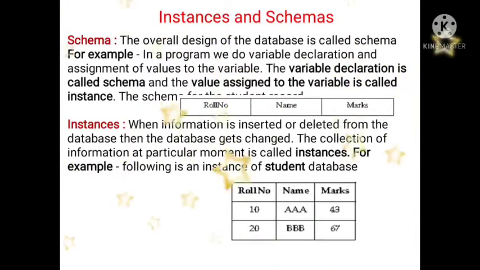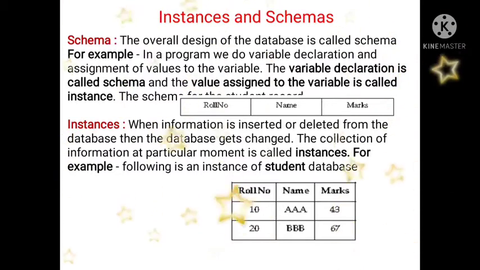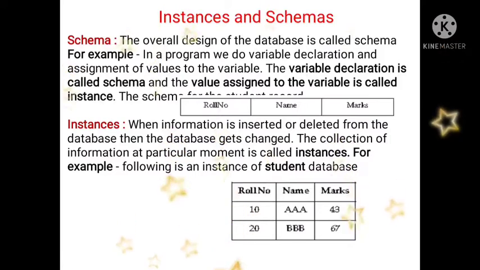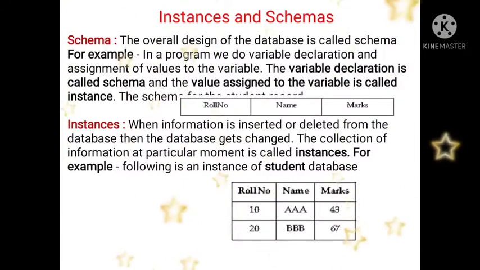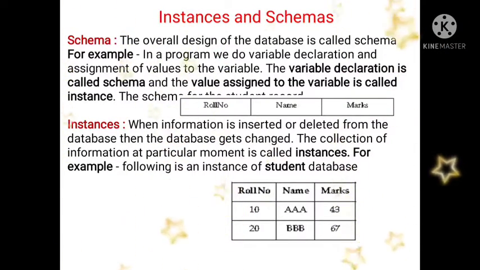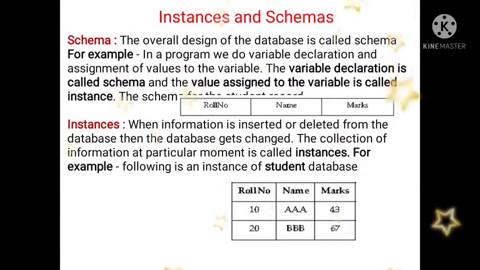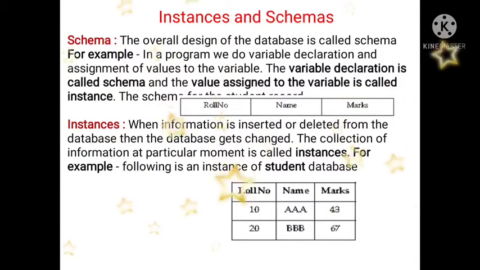Next is instance and schema. Schema is the overall design of our database. We have a set of students, and we have to maintain those students in the form of a table structure or database. The tables consist of rows and columns. A row is denoted as a record and a column is denoted as a field or attribute.